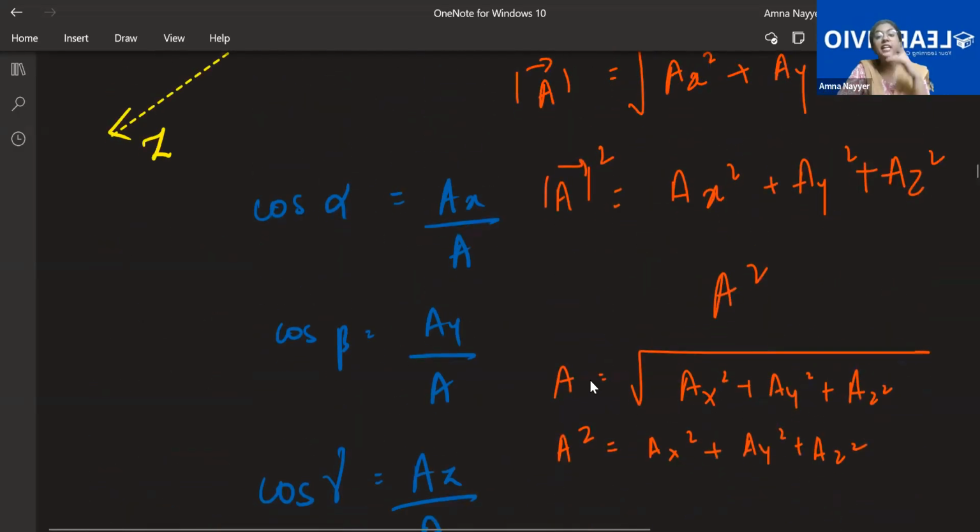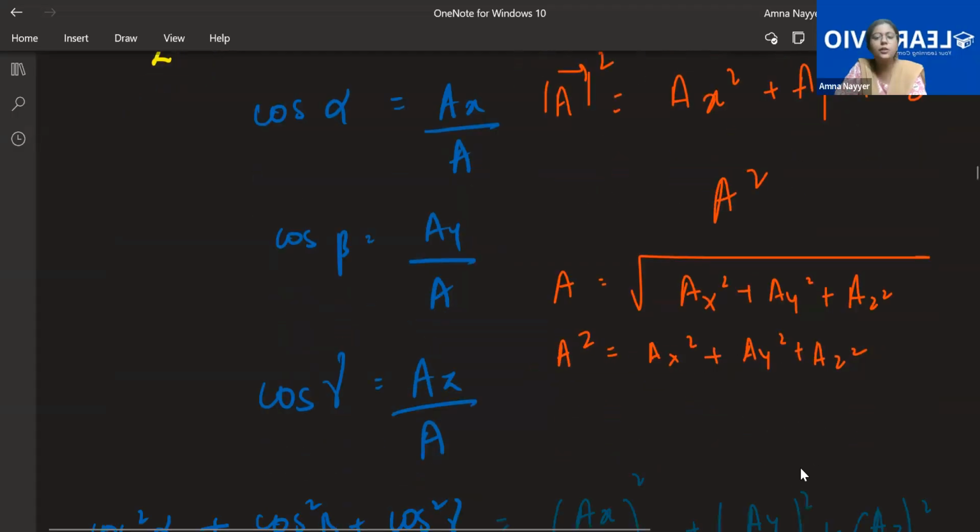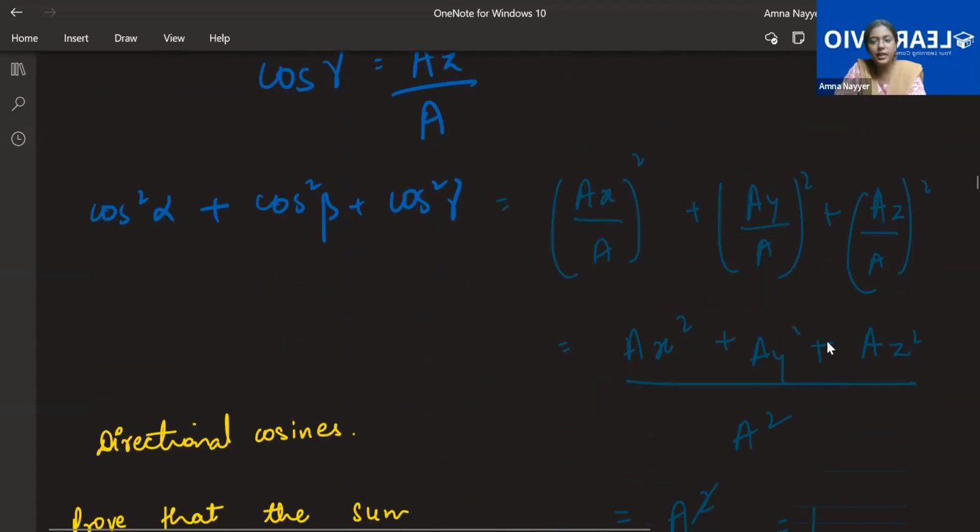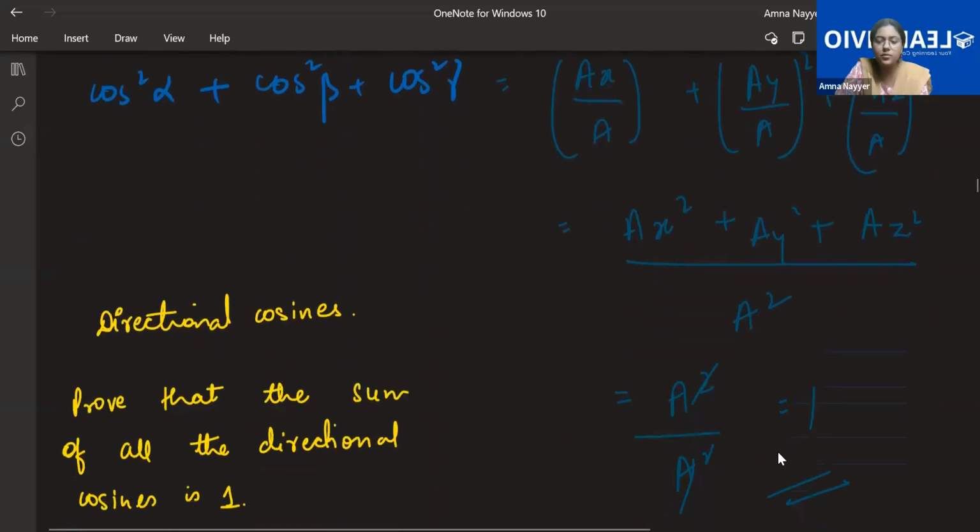When you have the main vector a, how do you write its magnitude? Under root ax square plus ay square plus az square. You square on both sides. You will get a square, right? A square is equal to ax square plus ay square plus az square. This whole value, I have put it in place of this. So a square by a square is 1.